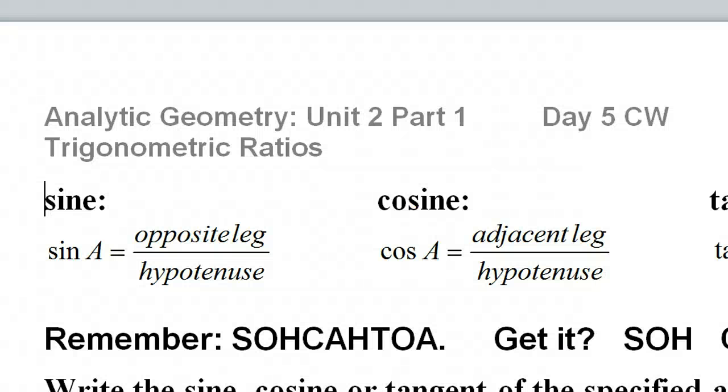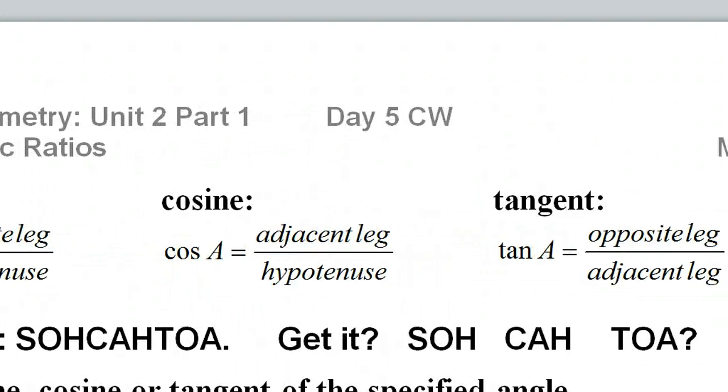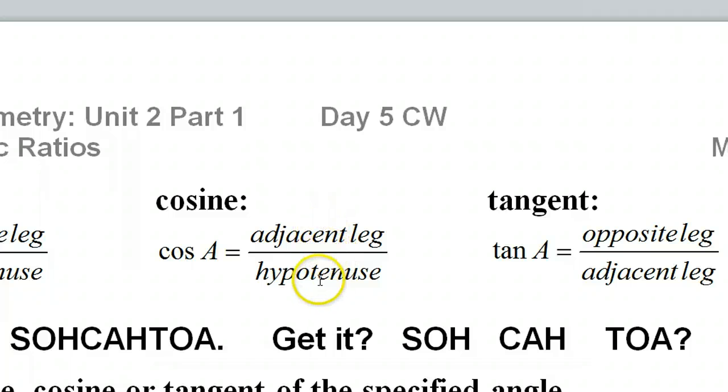Okay? So now with that in mind, we learned about these trigonometric ratios. The sine of an angle was defined as the opposite leg divided by the hypotenuse. The cosine was defined as the adjacent leg over the hypotenuse, and the tangent of an angle is defined as the opposite leg over the adjacent leg.